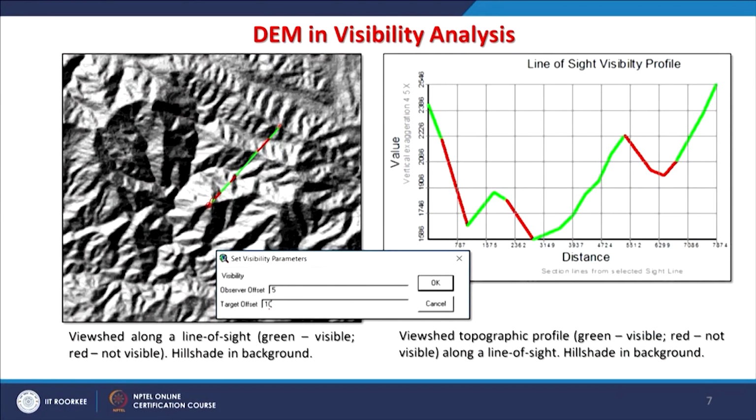You can also plot an XY or a profile all along that line that will let you know, in the line of sight, which are the areas that would be visible and which are not. In this one, the green one would be visible, the red one will not be.